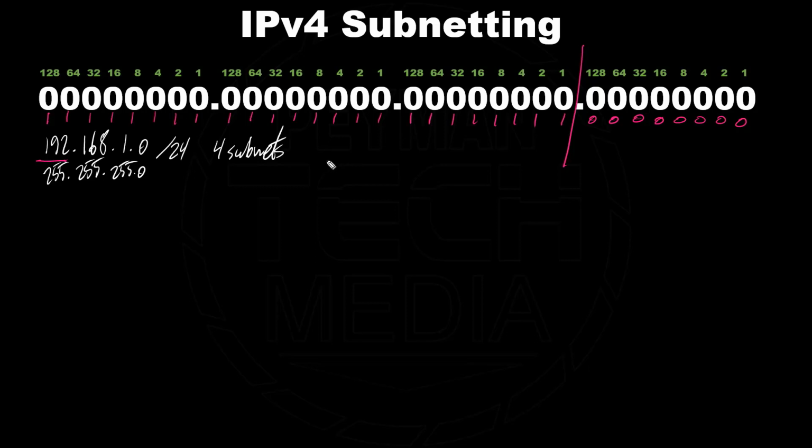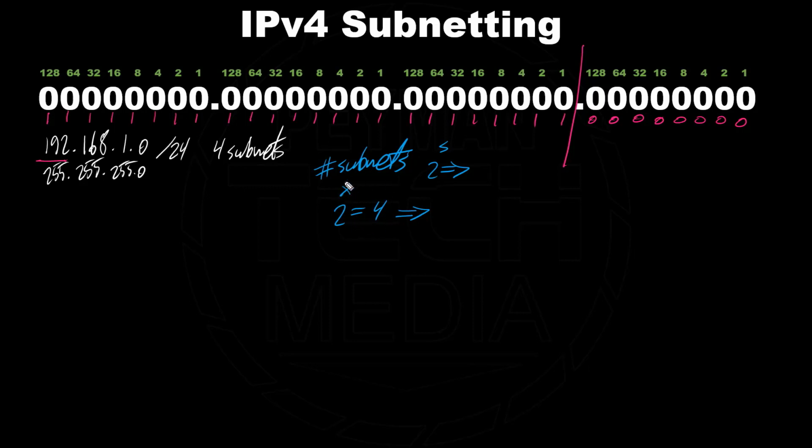As we talked earlier, the number of subnets is basically 2 to the power of subnet bits. So we need 4, so basically 2 to the power of x equals 4. And this is just basic math, you remember? We learned about all this.